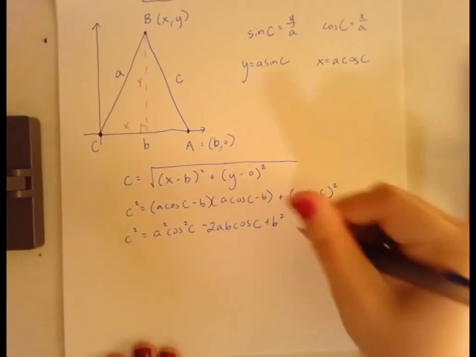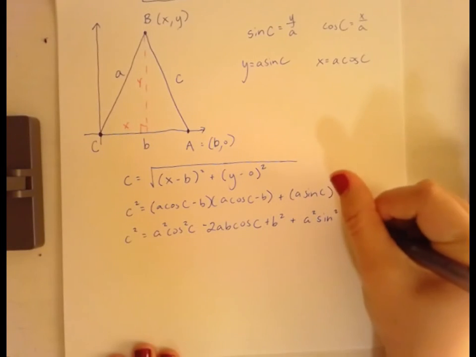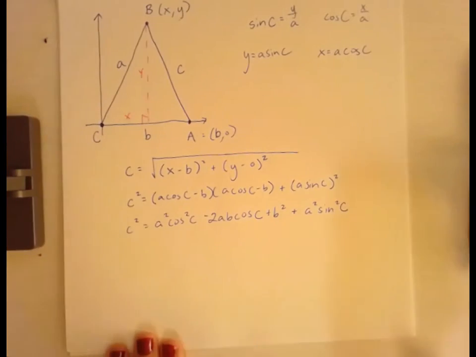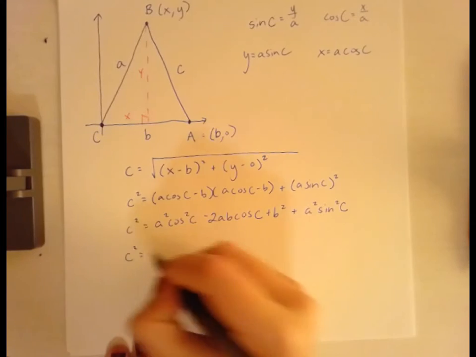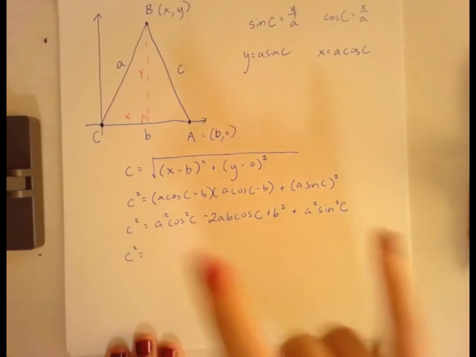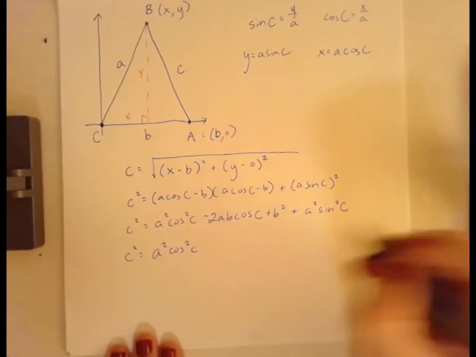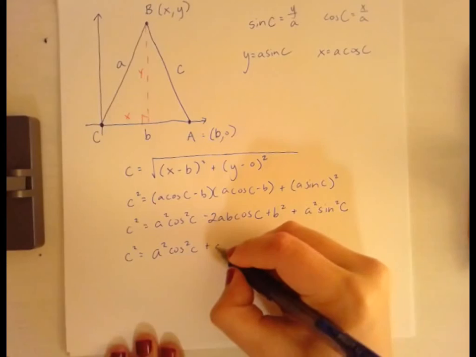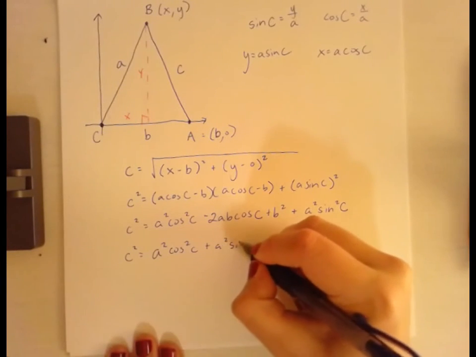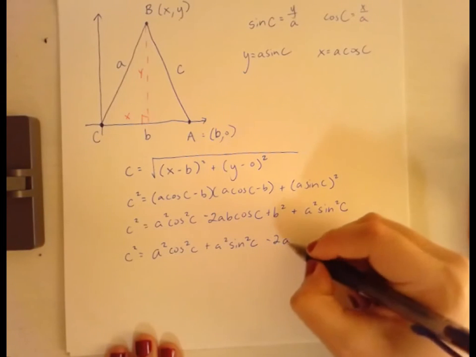Over here I get A squared sine squared C. I group the two terms that have the common A squared. And again, the next step after that will be factoring, just as it has been.